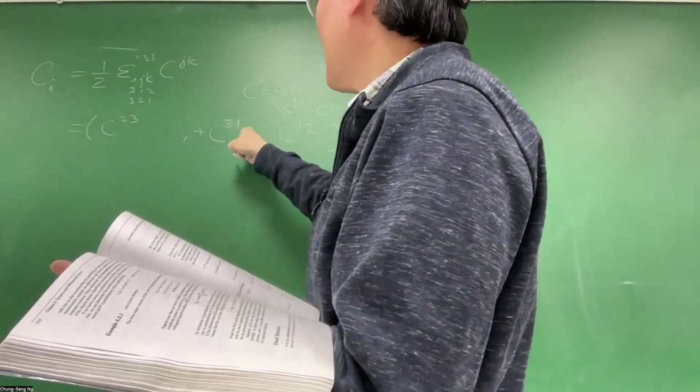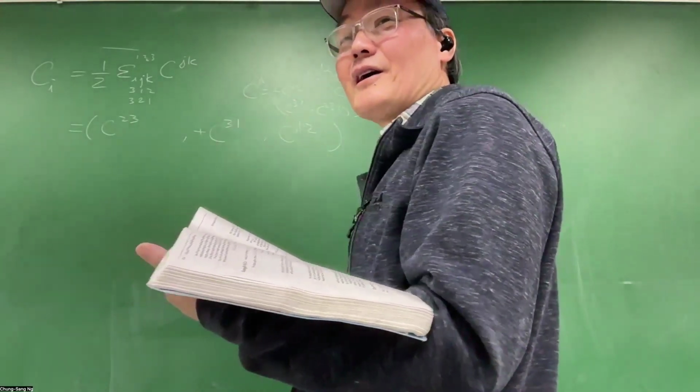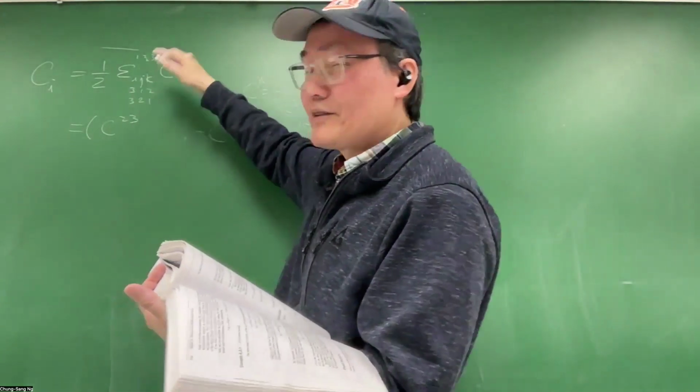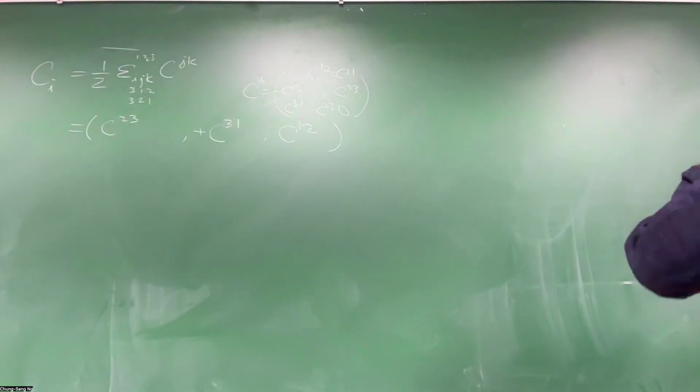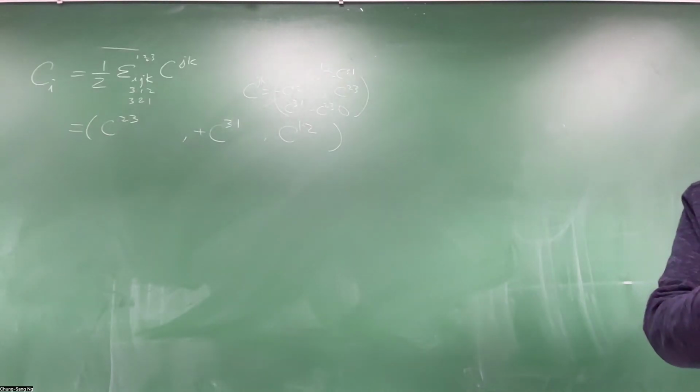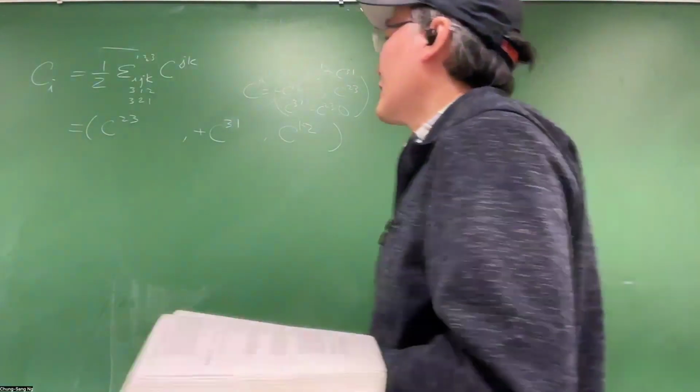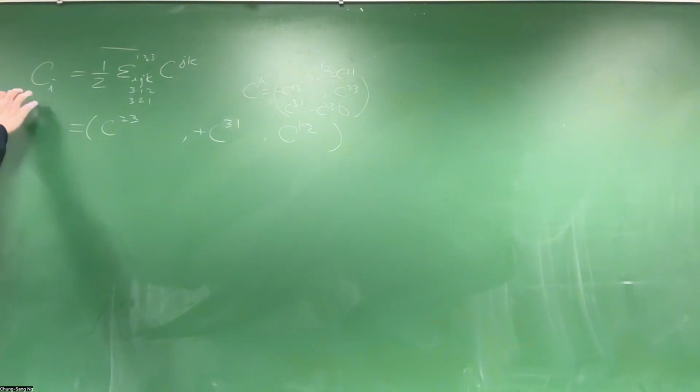If I write C_13, that is negative. That is how we do all these considerations. That is another example of how you use epsilon to define what we call a dual tensor. In this case, it's a dual vector, from a tensor to a vector.